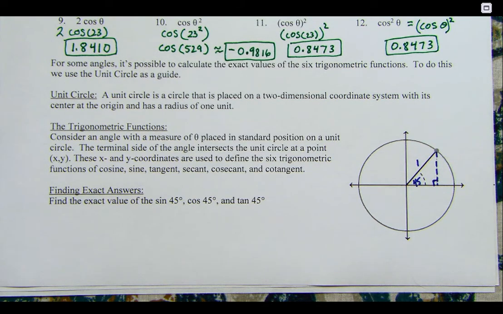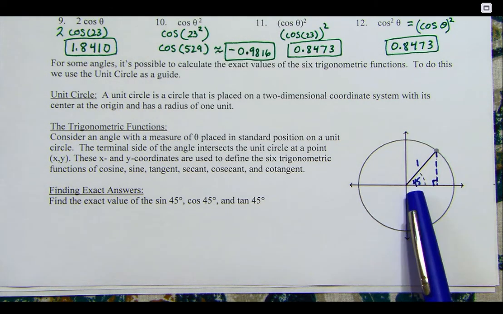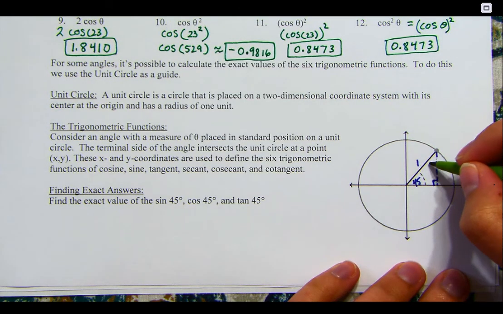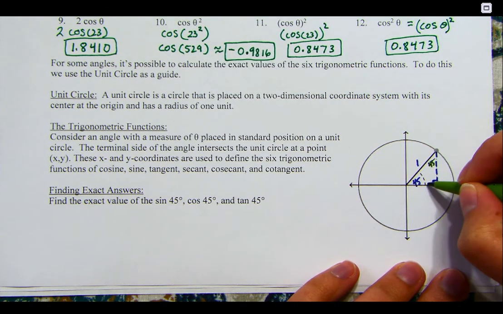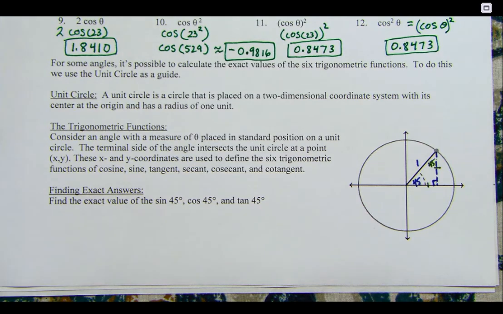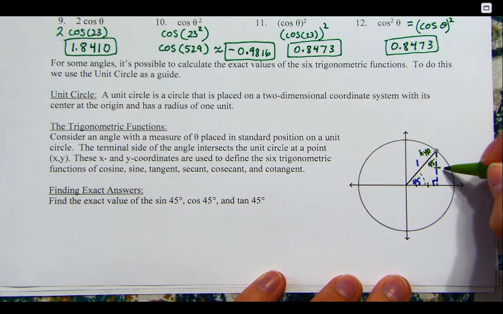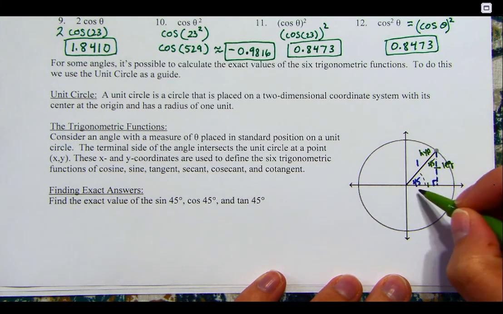Now what we need to do is figure out the other sides. So here I have a 45-degree angle. I have a right triangle now, which means that the angle at the top is also 45 degrees, and that these two sides are going to be congruent to each other. So to solve this, we're just going to use our rules for that 45, 45, 90. So here I have the hypotenuse, and then each of these would be a leg.